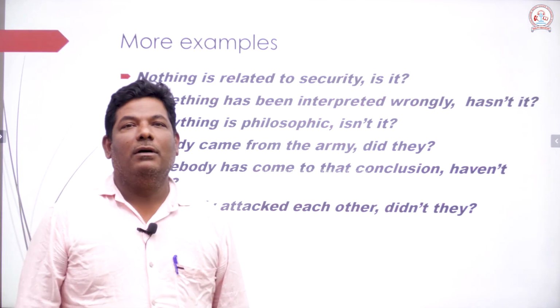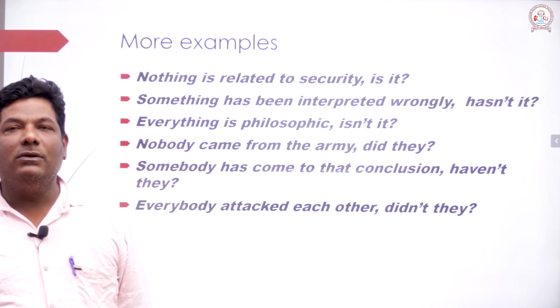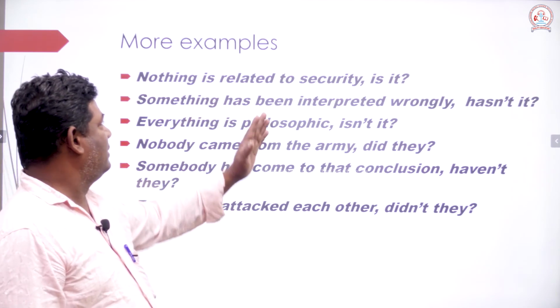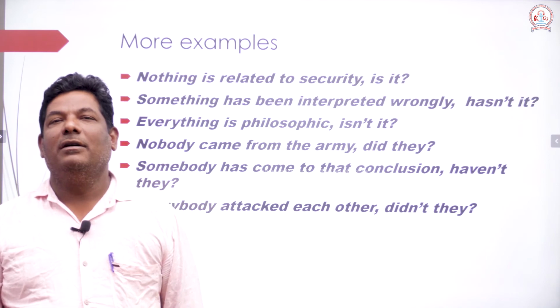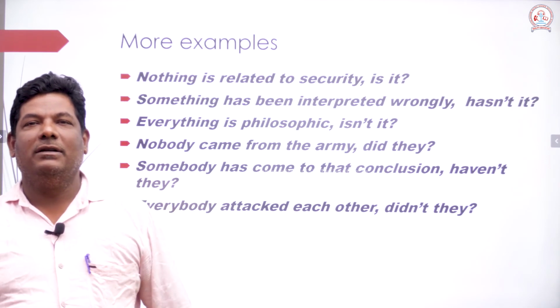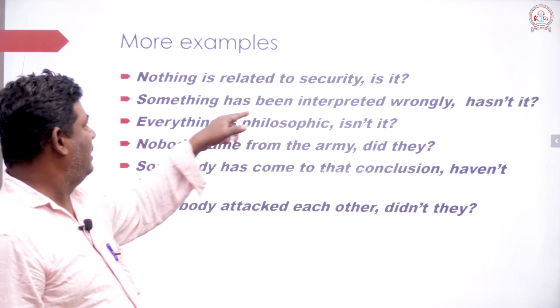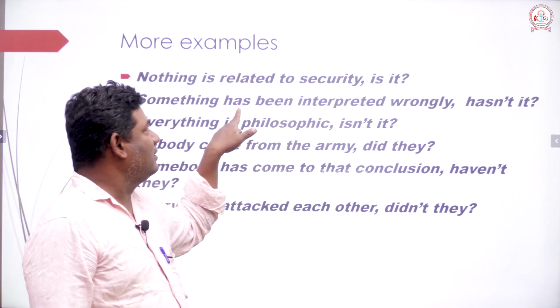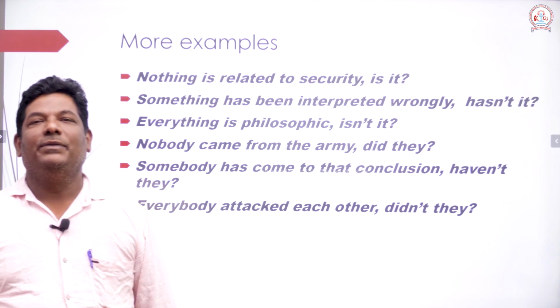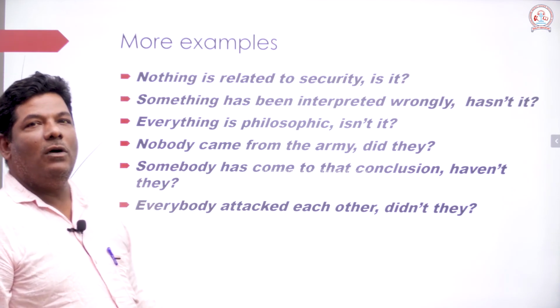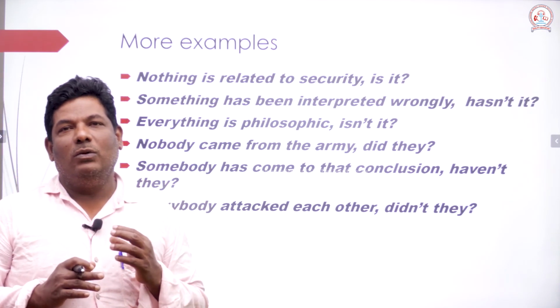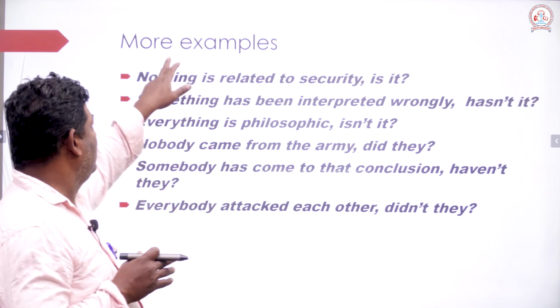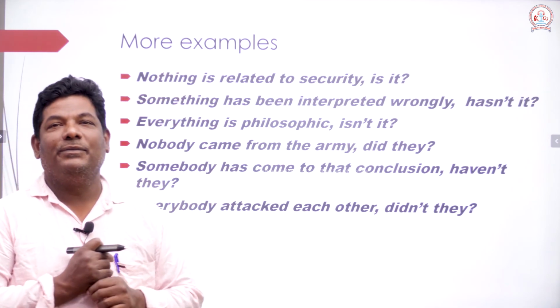Then, a few more examples. Nothing is related to security, is it? Nothing takes the pronoun it. Something also takes it. See, something has been interpreted, hasn't it? Has is the auxiliary verb given. So, here I want you to understand how to take the pronoun from these subjects.